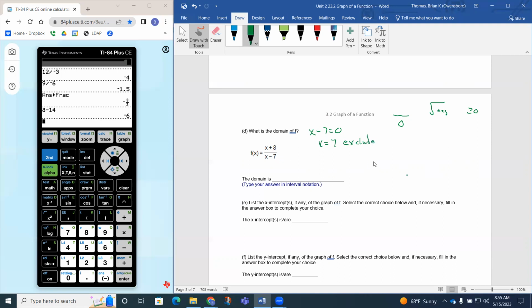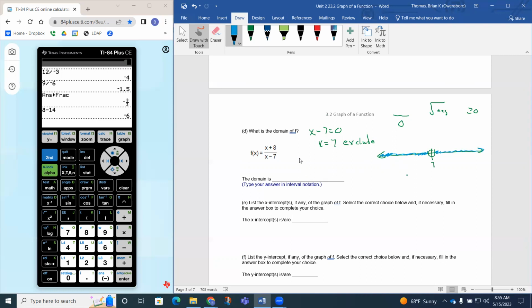So again, it says use interval notation. So if I look at this with respect to the number line, what we're doing is we're excluding 7. So what happens is we have 2 intervals. We have this interval to the left of 7, and we have this interval to the right of 7.